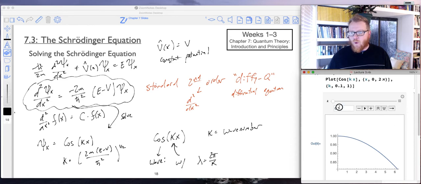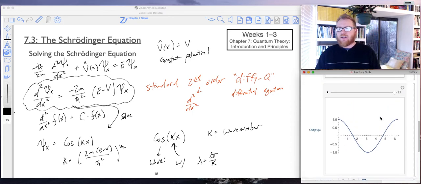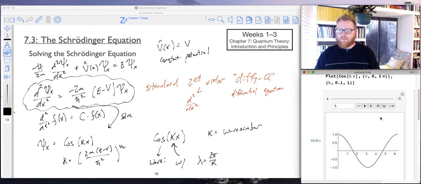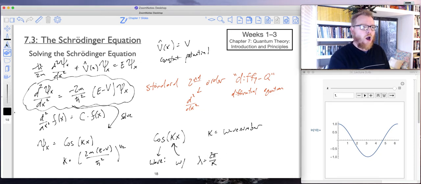And now I've got 0.1, and I'm going to go in here and put 1.0 for k. So now I've just got a cosine graph, right? A simple cosine graph where my wave number is equal to 1. So I'll remind you, because the wave number, right, is, look, right here, wave number is 1 over wavelength, and we do have that factor of 2 pi in there.